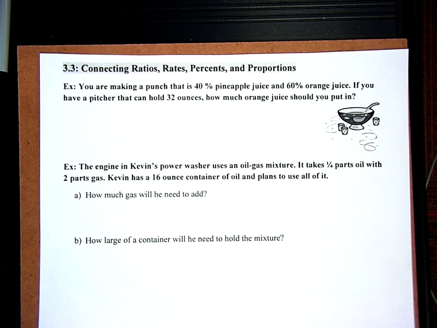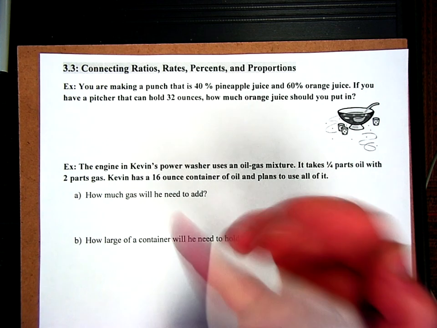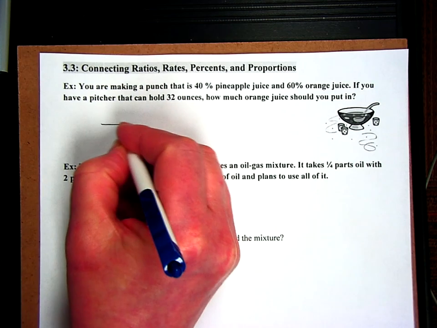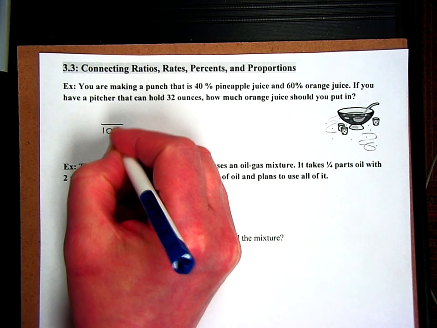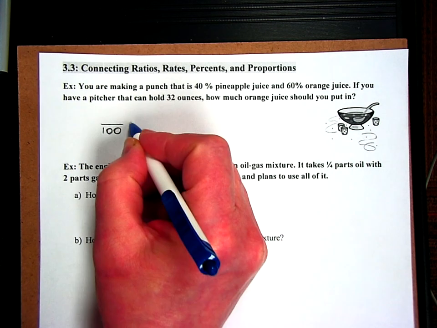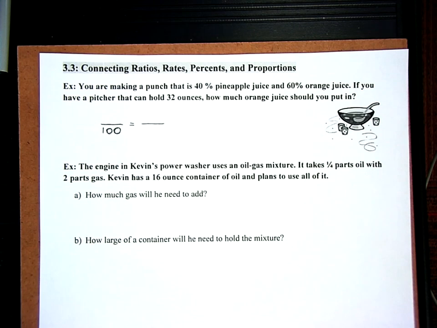So that tells us that part of our proportion has to be 100% because 40% of that is pineapple and 60% is orange juice. So I know for sure that in my proportion I need to put 100% somewhere because that's the total. That's how much I have of punch, what percent of punch.